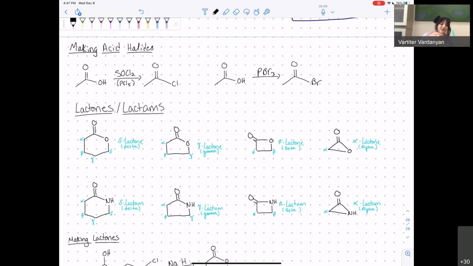I'll give you a second to screenshot or whatnot. Let's say that we can go from an amide to a carboxylic acid. It's not favorable, but we can do it.